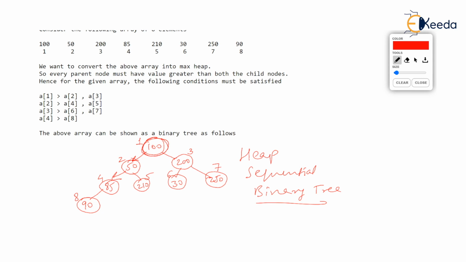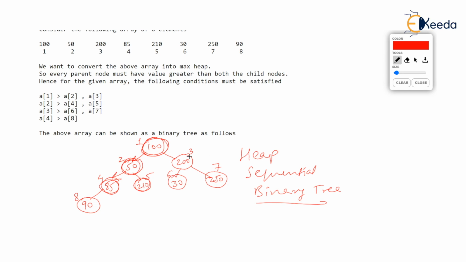What about second node, which I am right now encircling? Second node, which is storing 50, should be greater than fourth node and fifth node. Now you see fourth node is storing 85 and fifth node is storing 210. What do you want? You want that parent number 2, this second parent, must be greater than its fourth and fifth child.